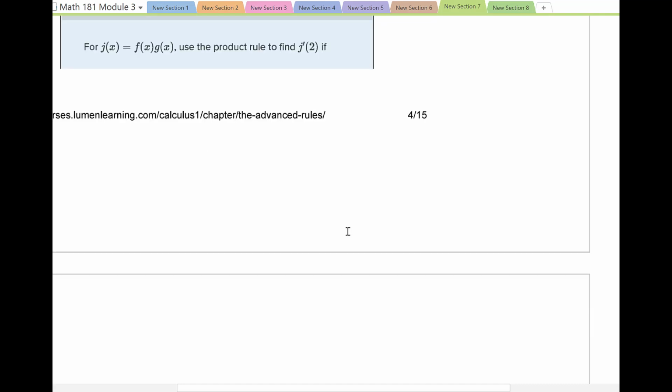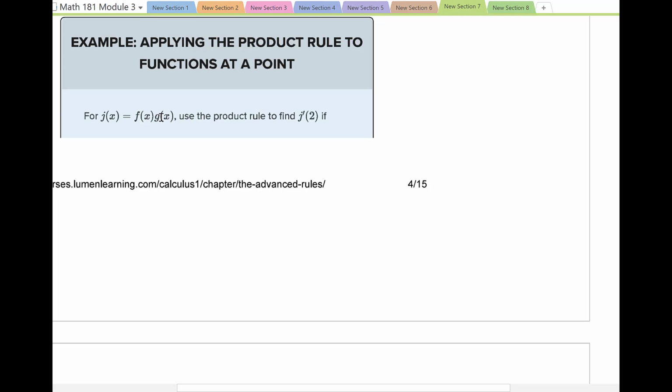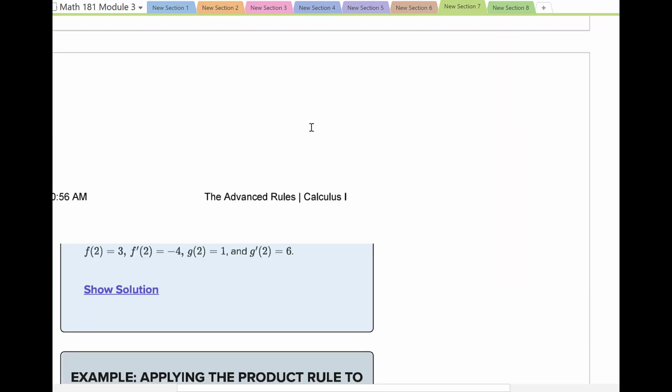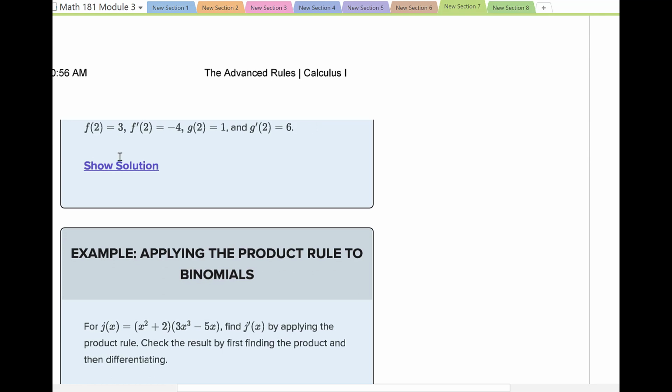So let's do an example here. For j of x equals f of x times g of x, use the product rule to find j prime of 2, if f of 2 equals 3, f prime of 2 is negative 4, g of 2 is 1, and g prime of 2 is 6. So our j prime of 2 is going to be f prime at 2 times g of 2 plus g prime of 2 times f of 2.